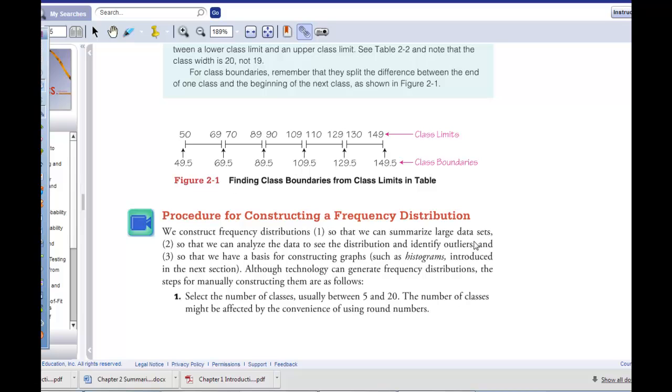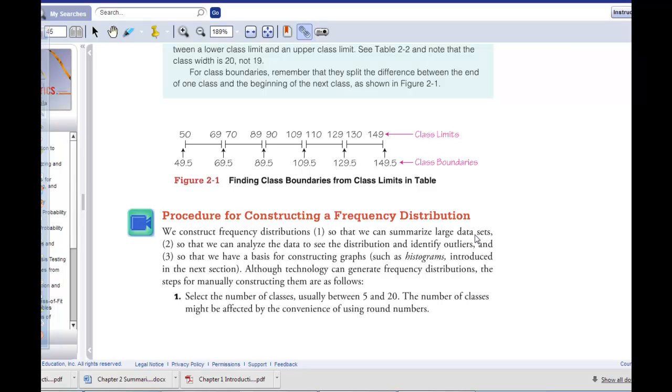Okay, they said summarizing large data sets, which gives us an idea of what's in that data set. So that we can analyze the data to see the distribution and identify outliers. That would be the second reason. We want to see the distribution, and we want to be able to identify outliers. And the last reason would be so that we can construct graphs.